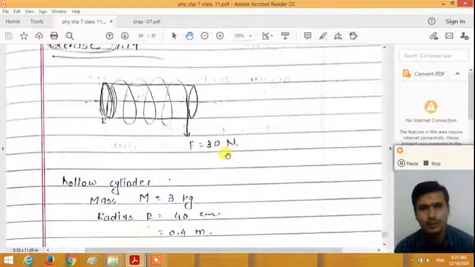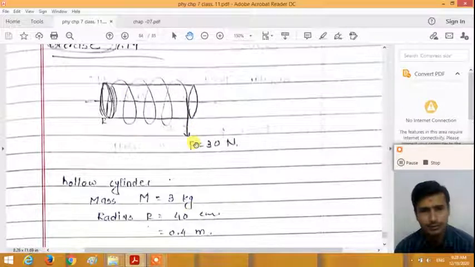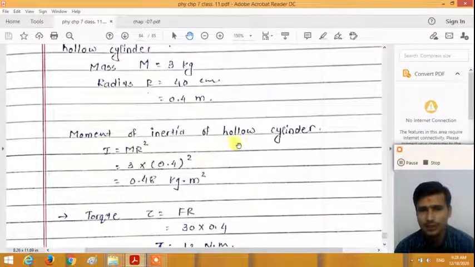When the force is applied to the rope at the tangential direction, the cylinder rotates about its axis.